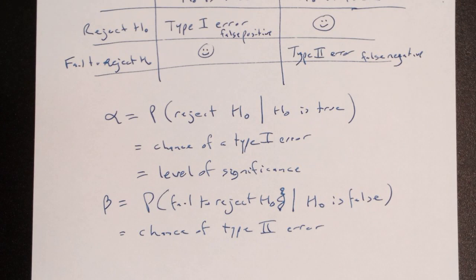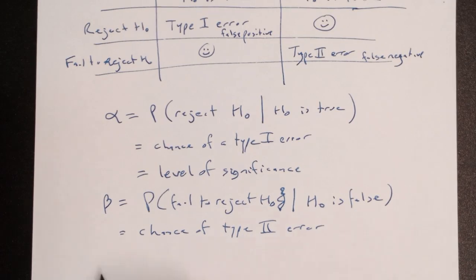Now, beta itself is not often called something, but its complement is. 1 minus beta is usually called the power or the sensitivity.